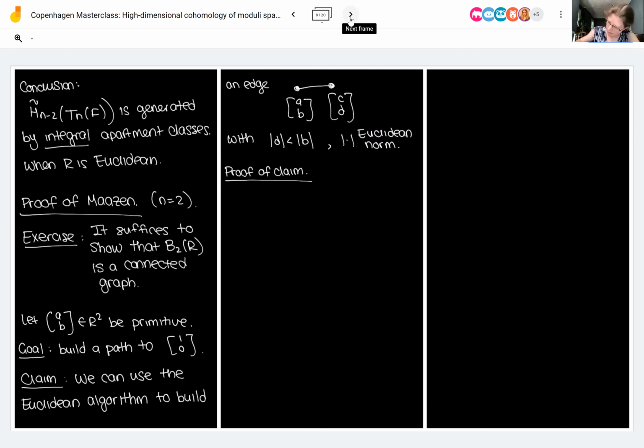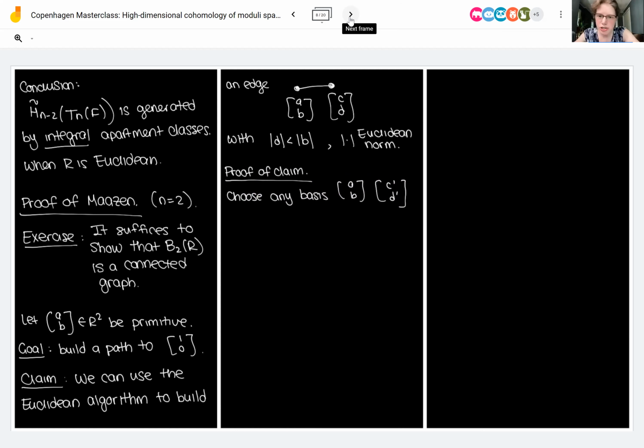Okay, if we choose any basis, any completion of the primitive vector (A, B) to a basis, and it's an exercise that that's possible. So that's that earlier exercise, that this condition of being primitive is equivalent to the statement that I can complete this vector to a basis.